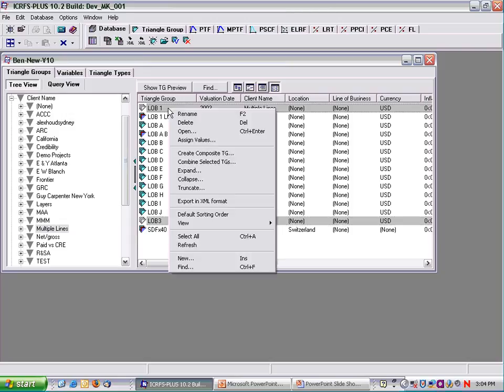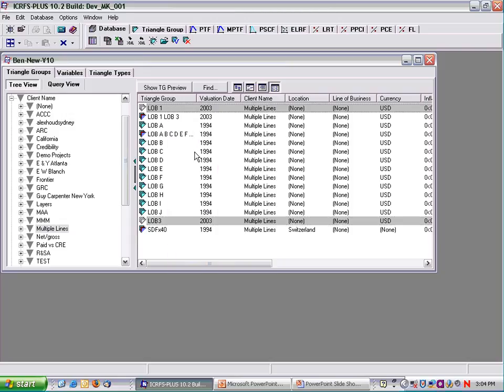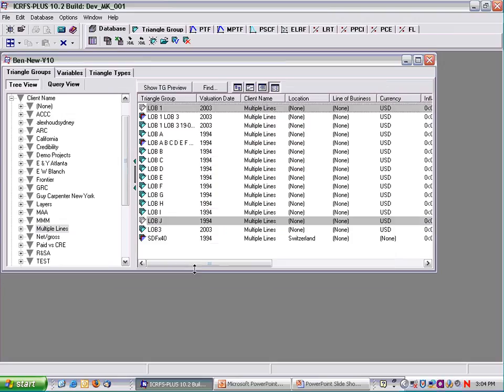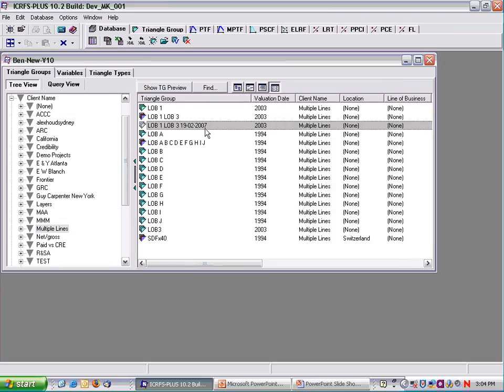I'd like to say a composite, create a composite TG. Let's call it LOB1, LOB3, and I'll just give it a date, 02, 2007. So you'll see there's a new composite TG here.